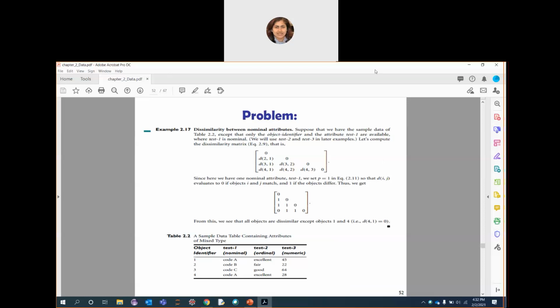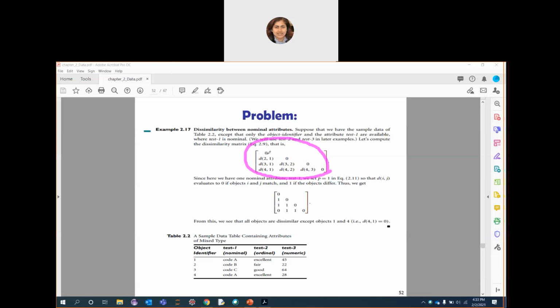Let me annotate here. Suppose you want to find out this matrix. The diagonal elements will always be 0. Why are they 0?